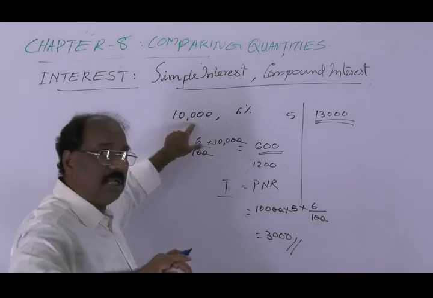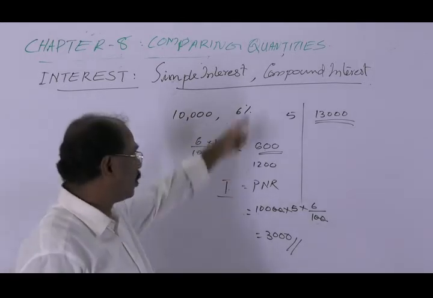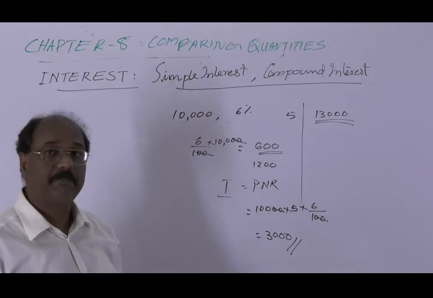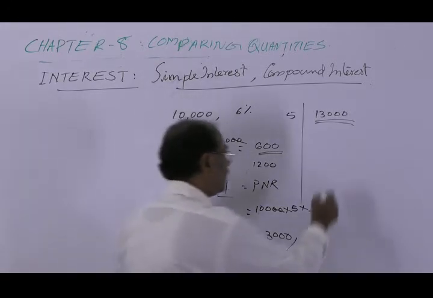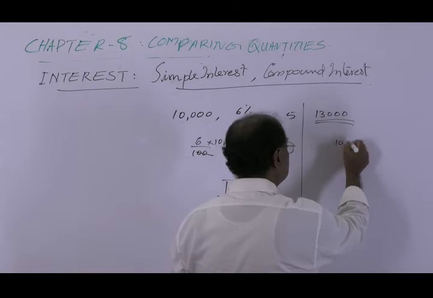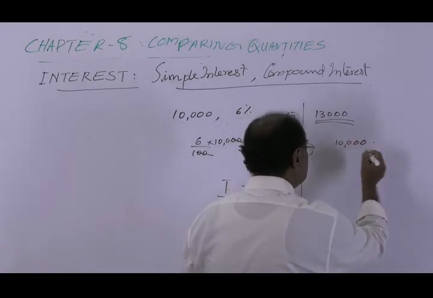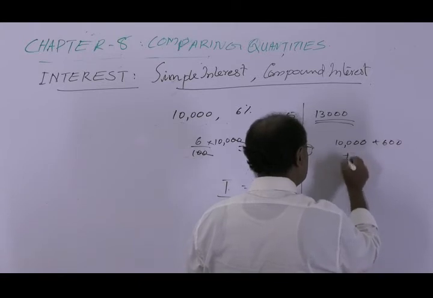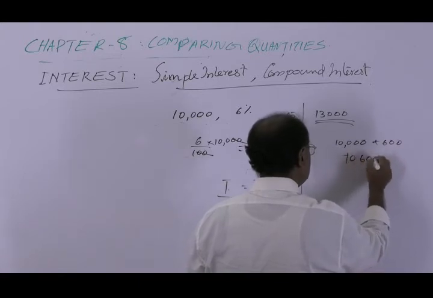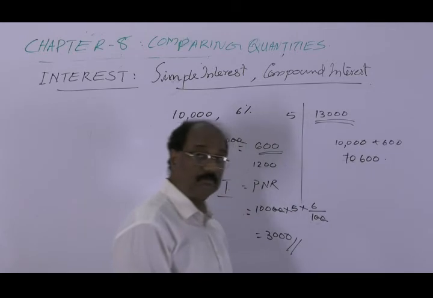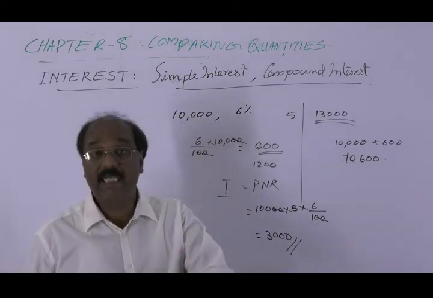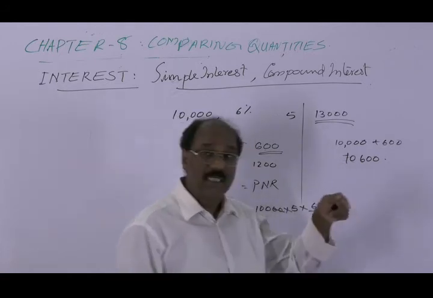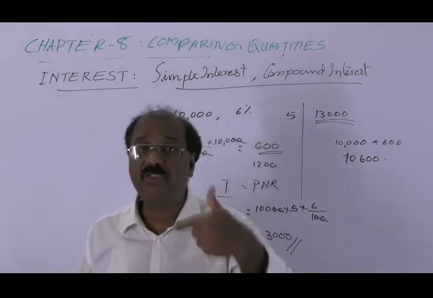If the amount deposited is under compound interest scheme, annually compounding, then after 1 year the amount will be 10,000 plus 600, that is 10,600. For the second year, the principal amount is this amount, that is, interest on interest is also given.